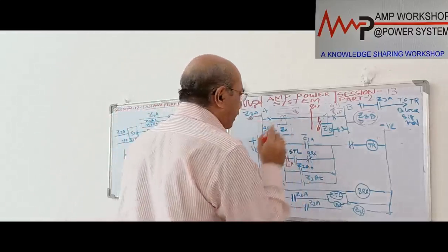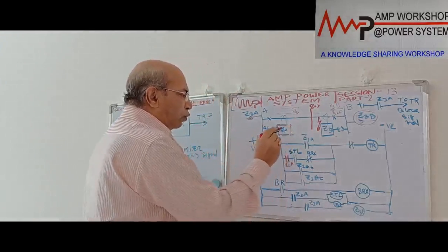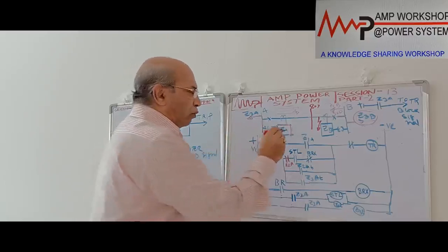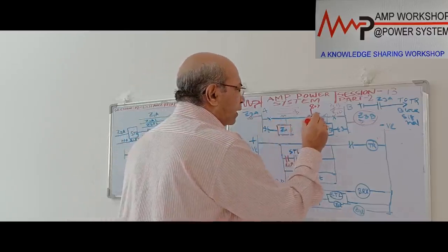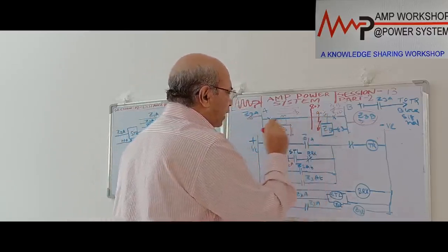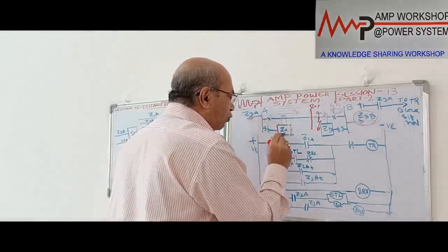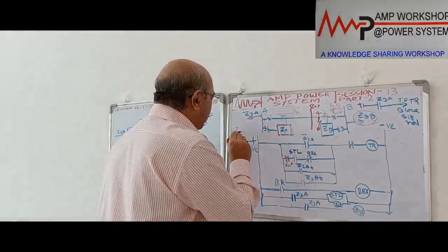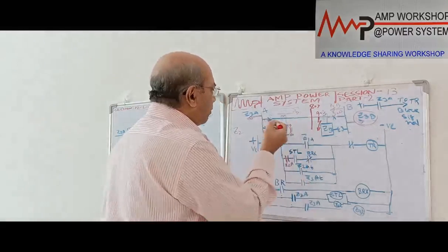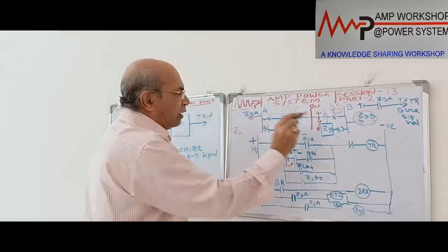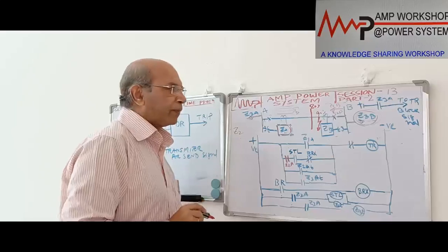When the fault is over here, for this ZA relay, zone 1 will not operate, only zone 2 will operate. Suppose the fault is at 90% from station A. Then at this end only the Z2 element will be operating, and Z3 of this element will not see the fault because Z3 is looking in this direction. Only Z2 will be seeing this fault, right?